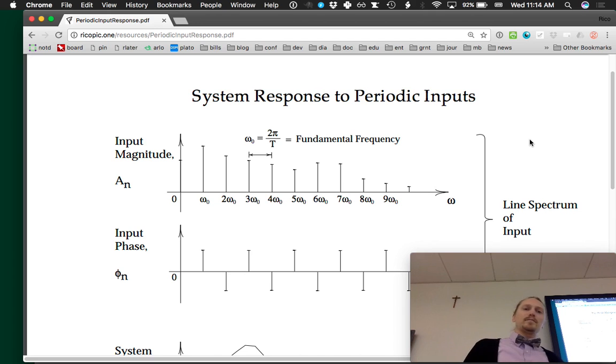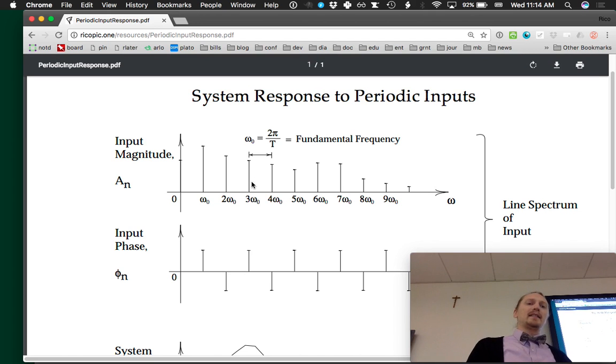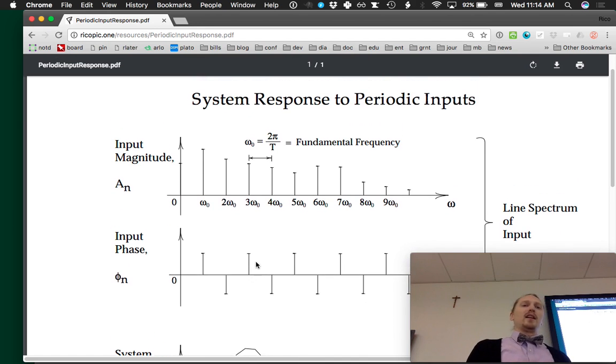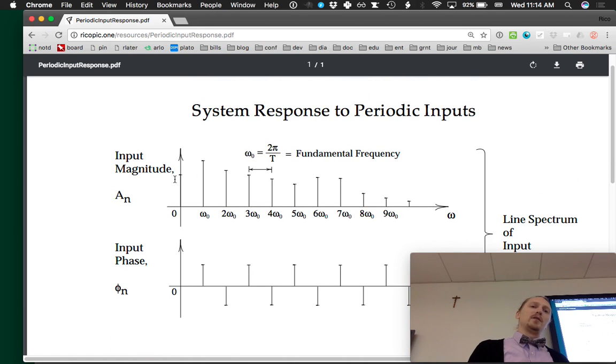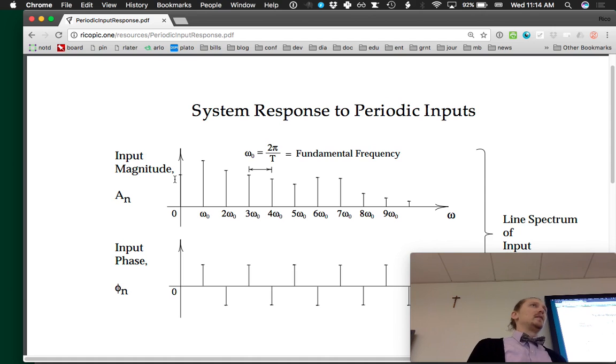So let's look at a magnitude and phase plot. If the magnitude is in dB, and this omega is logarithmically scaled, then this is a Bode plot, right? Although in this case, it's not. We're just doing magnitude and phase plots linearly scaled.